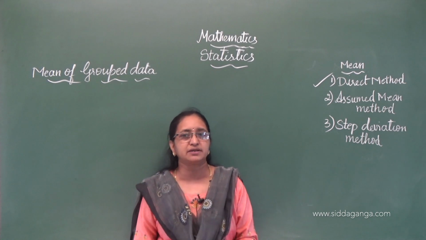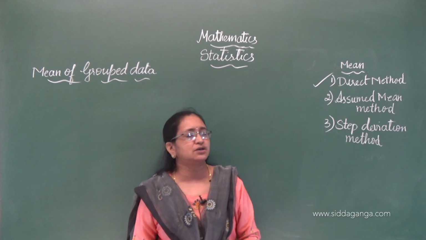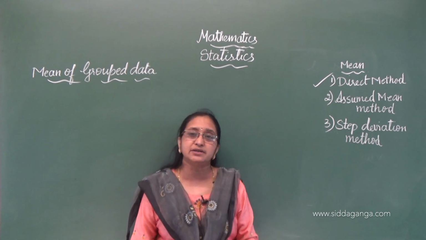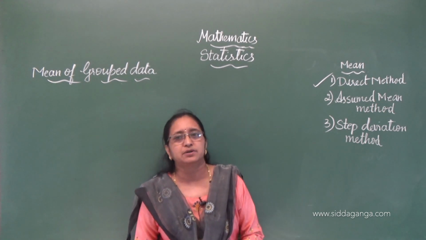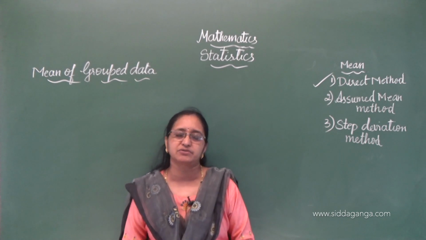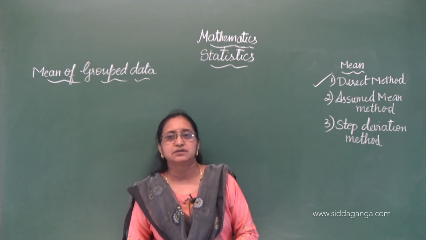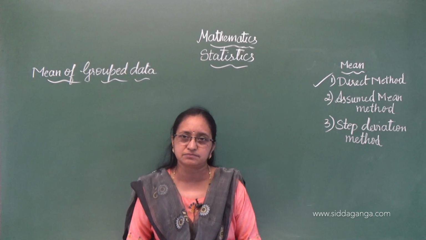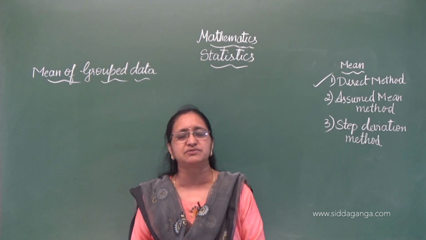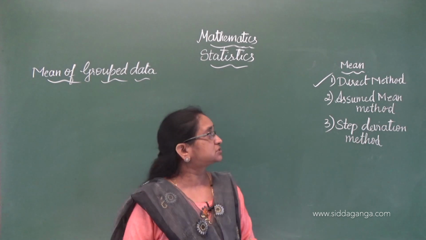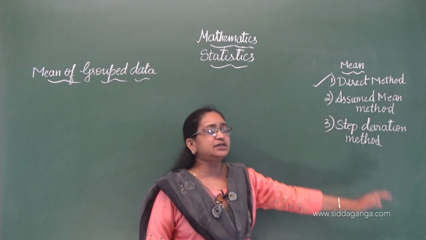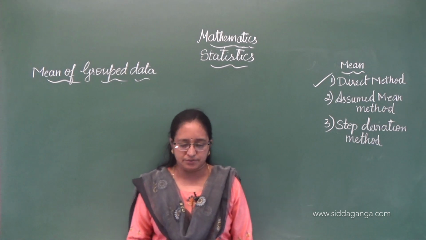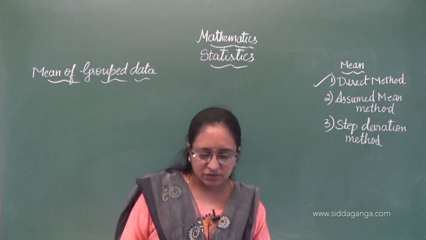So let us begin. Once we learn all the 3 methods, then you will feel this is the better method for us to adopt. But all the 3 methods you have to learn. Is it clear? If they specifically ask you to use the direct method, then you have to do it. Otherwise you can adopt any one method. So let us begin.